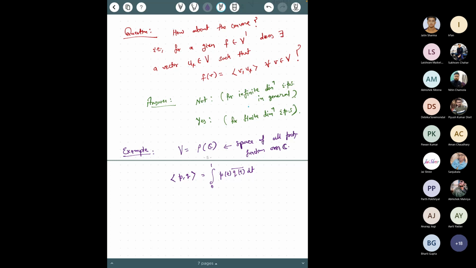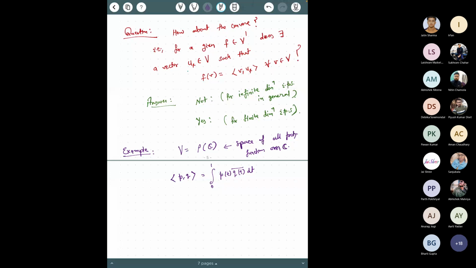Yeah, so what I need here is to find an infinite dimensional inner product space and at least one functional on it such that for all vectors you have, it's not possible to write it in this way. Right? This is what I'm trying to show.